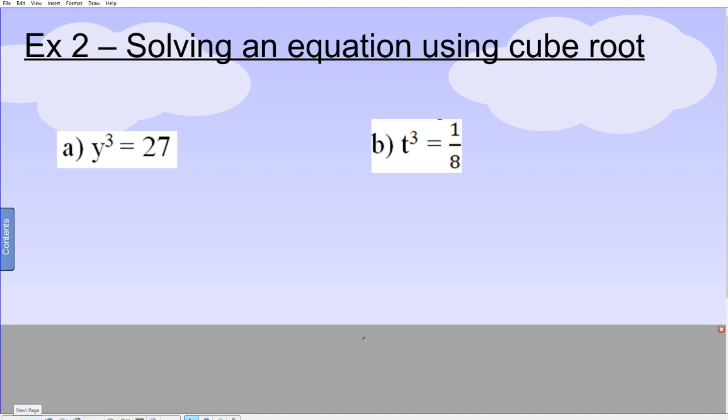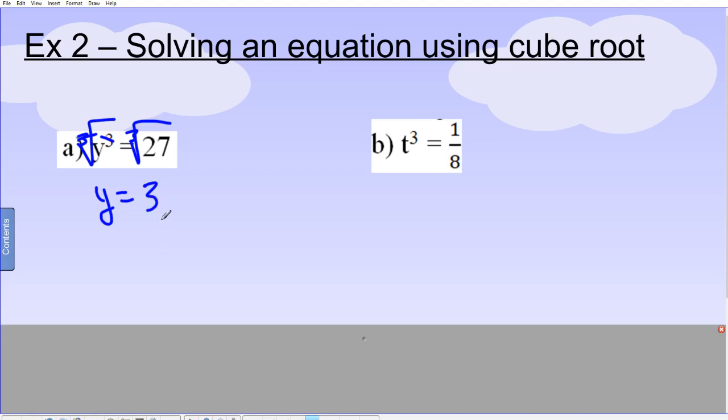Now, cube roots. When you take the cube root of a number, you only get one answer. So when I cube root here, the cube root of this, because I needed to use a cube root to cancel out this y cubed. And when I cube root the other side, see what you get. So y cubed and cube root cancel. Y equals. On this other side, when I cube root 27, I get just 3.